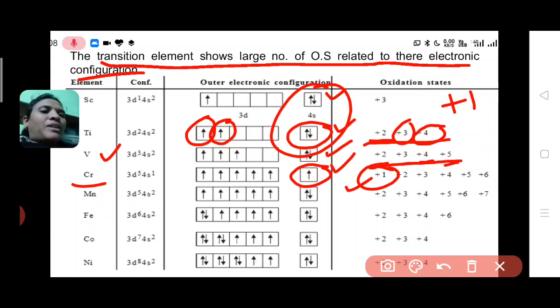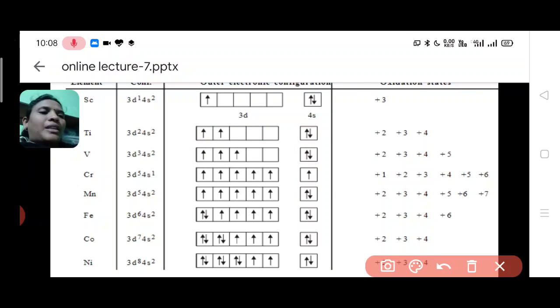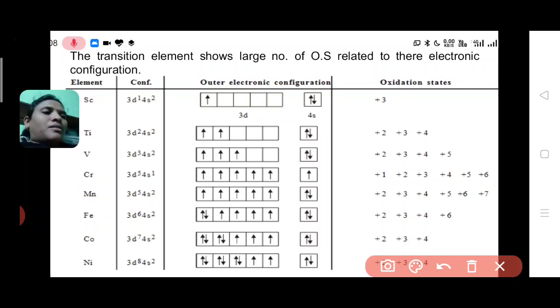But chromium has one unpaired electron in its 4s shell. That's why chromium can acquire +1 oxidation state also. So chromium can show +1, +2, +3, +4, +5 and +6 oxidation states.